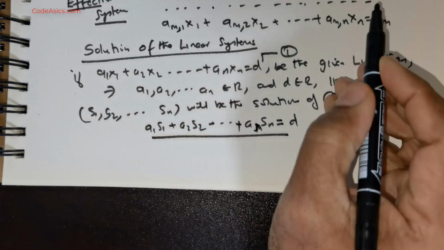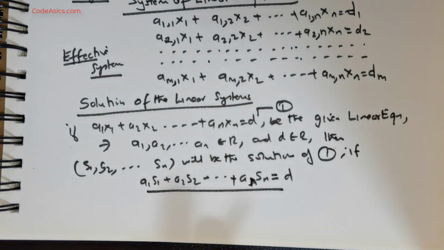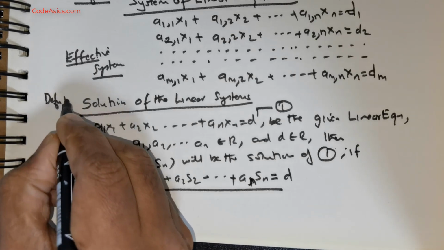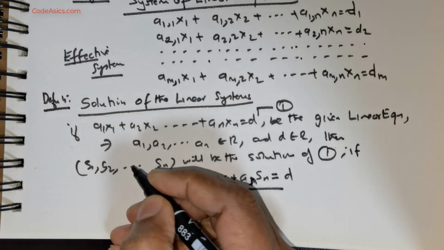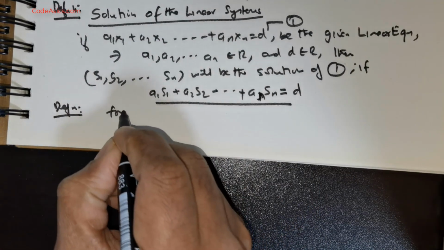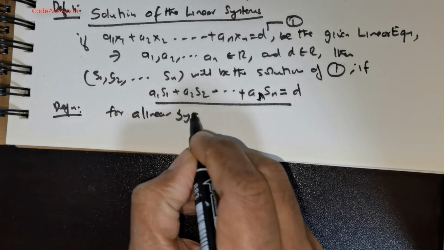Okay, so now if I were to take this for the system of linear equations, how will the definition be? So this is also a definition, so I'm going to take it as definition 4. Now definition 5. For a linear system of equations, I'm going to write this down like this.